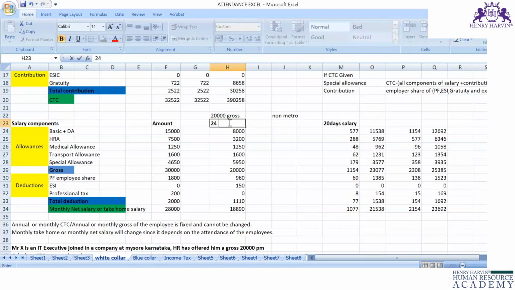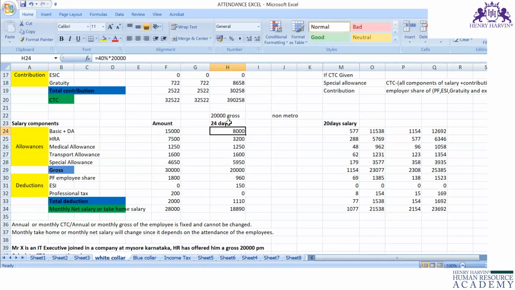In a calendar month, 30 is the calendar days. Out of 30 days, you deduct only the Sundays, not Saturdays and Sundays. So 26 is the working days, and out of 26 working days, the employee has worked only 24 days.